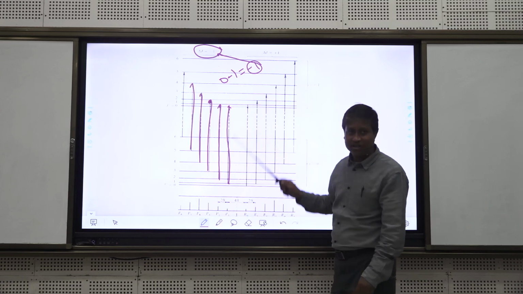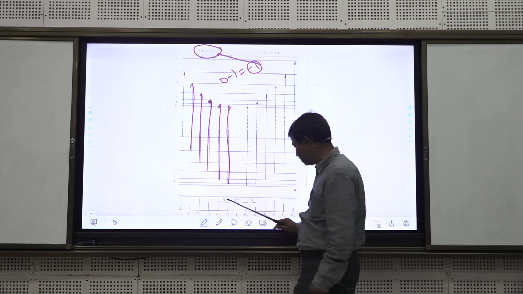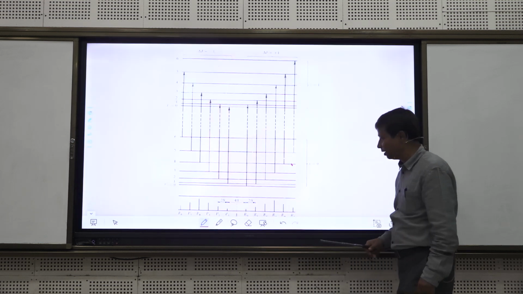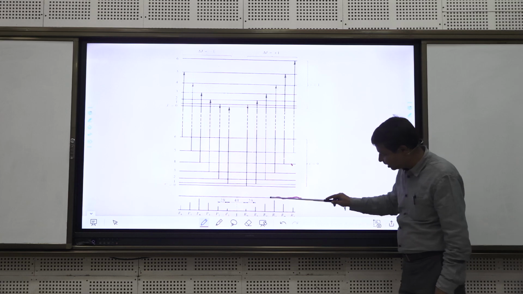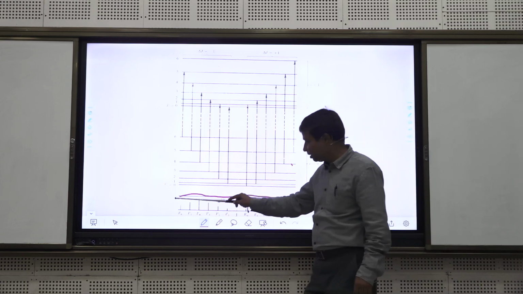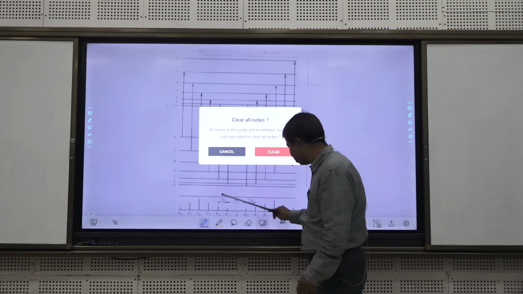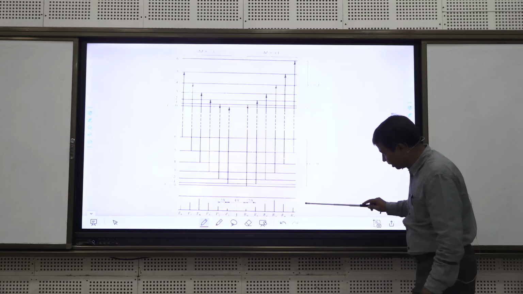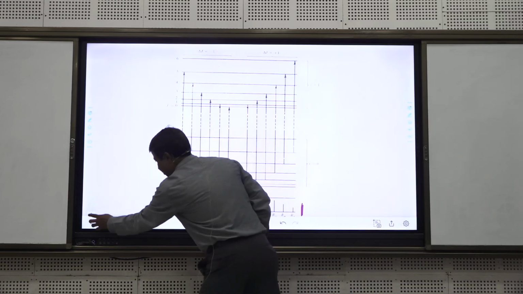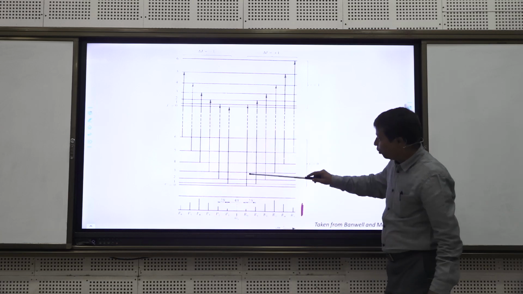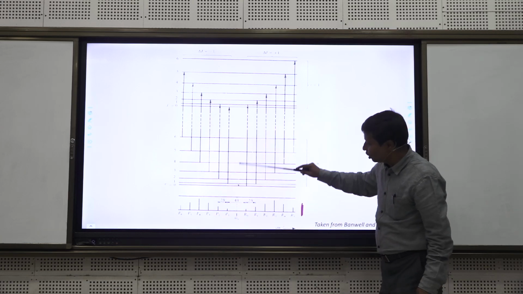Now let us see what happens on the spectrum side. This is the spectrum. There is a line here, there is a line here. This is the transition spectrum. Now there is no transition between 0 and 0.